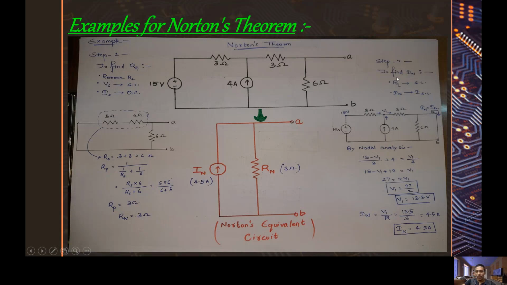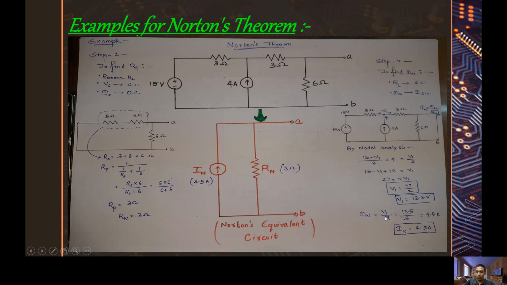Now, secondly, for finding Norton current, we will need to short circuit the load resistance, and the diagram will look as follows. Norton current equals short circuit current. By nodal analysis, (15 minus V1) by 3 plus 4 equals V1 by 3, which will give V1 as 27 by 2, which is equal to 13.5 volts.